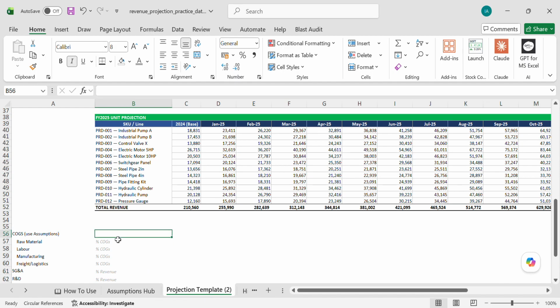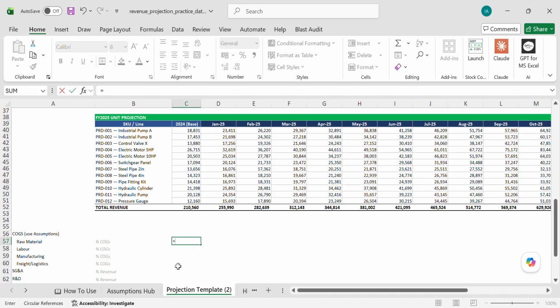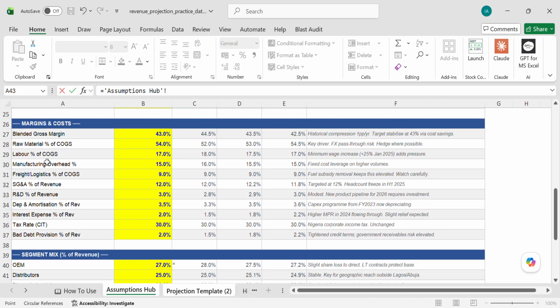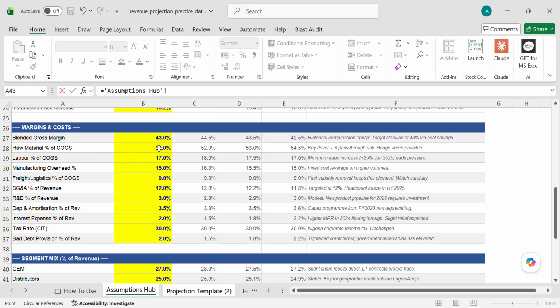Then come here. What percentage are we using for this? Let's see. Assumption here is the percentage we are using for raw material, percentage of costs. So 54 percentage of revenue. So that's percentage of our revenue for each of these.